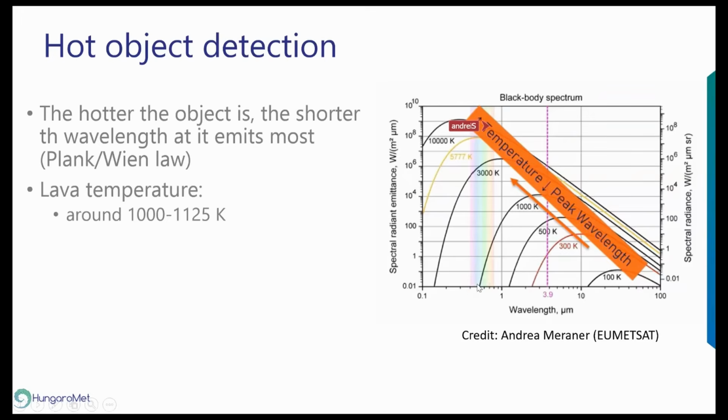So this is actually the line which we are looking at. We will see it in the 3.9, 3.8 region, but we will also see it at 2.2. In some cases we can even see it in the 1.6, but that's not the best. So yes, we will see it in the cloud phase as well. And also we could see the ash.